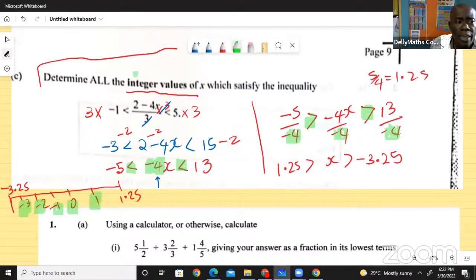Those are the integers they asked for. So the answer is that all of those integers are -3, -2, -1, 0, and 1. These are the integers that we're looking for. So here is our solution.